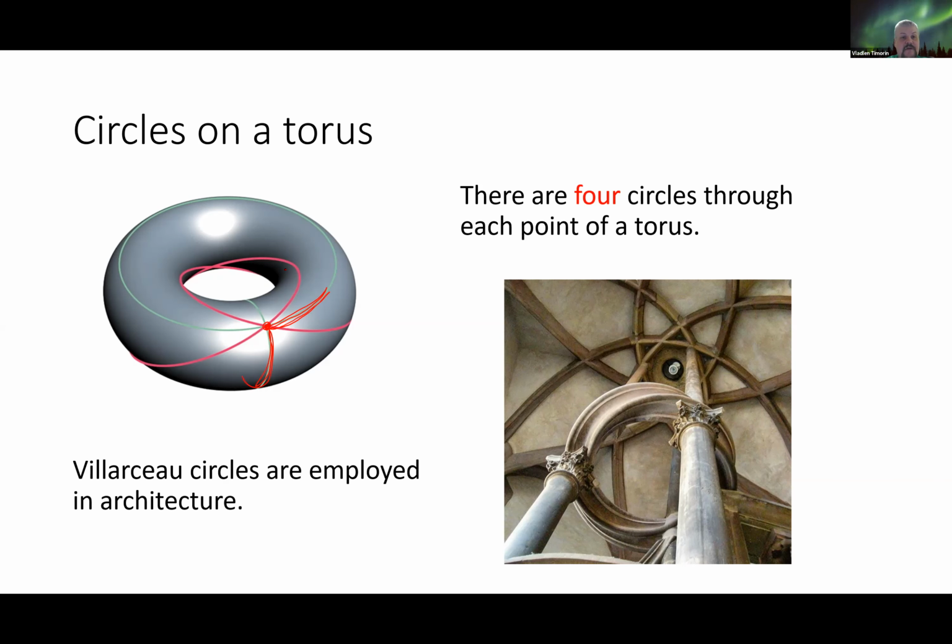It's not very common that you can draw four circles through every point of a surface. There is even a classification of such surfaces where it's possible. And these arrangements of circles are used in art and architecture, for example.